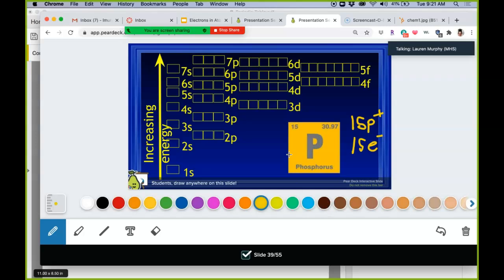So here are, if you just followed with me reading the periodic table, the order that the orbitals go in terms of energy, okay? As you get further and further away from the nucleus, those electrons have more and more energy. This is like the 1st ring, this is like the 2nd ring.